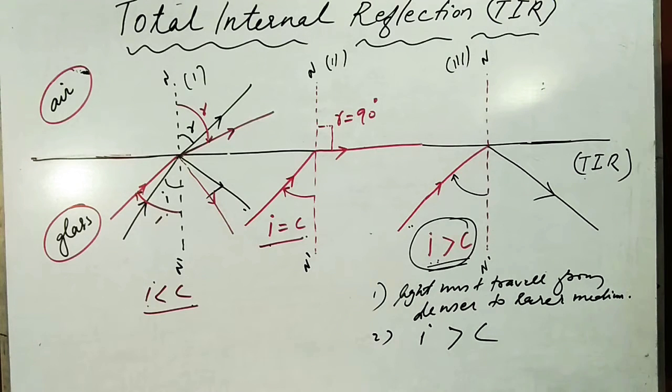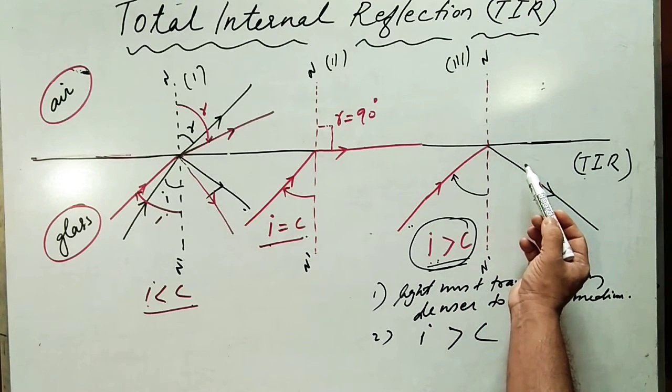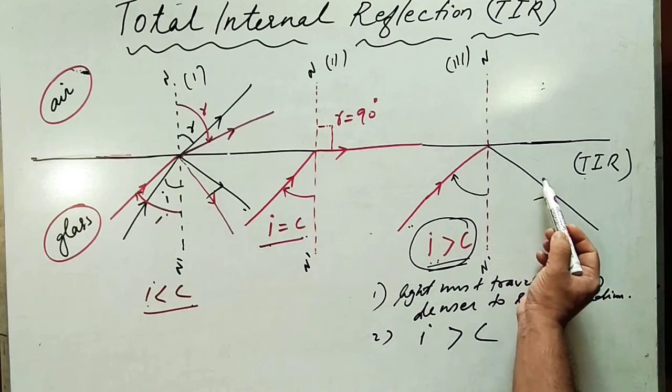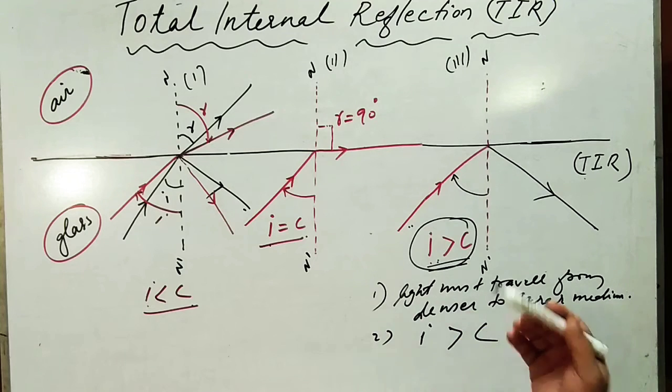Okay. So in this process of TIR, as I told you, 100% of the energy, the intensity of light, is reflected back into the same medium. You know that reflection takes place in the case of a mirror also. In a mirror, some light energy is absorbed.